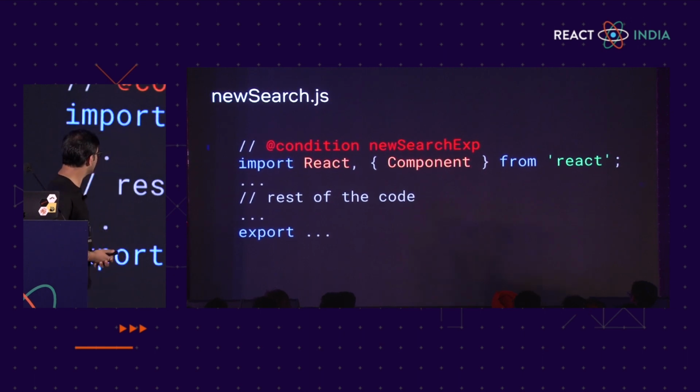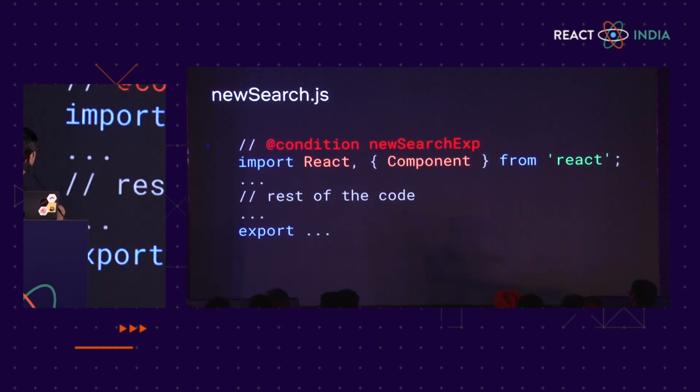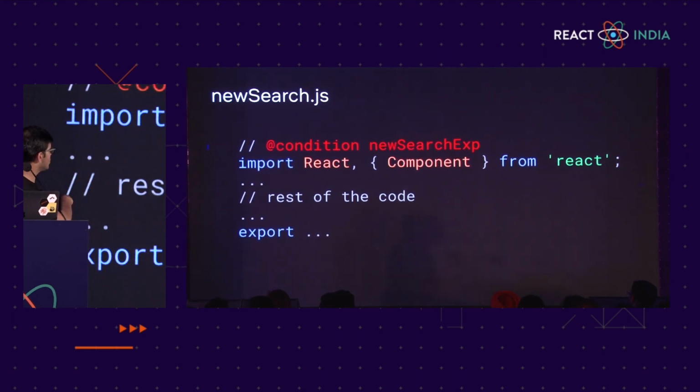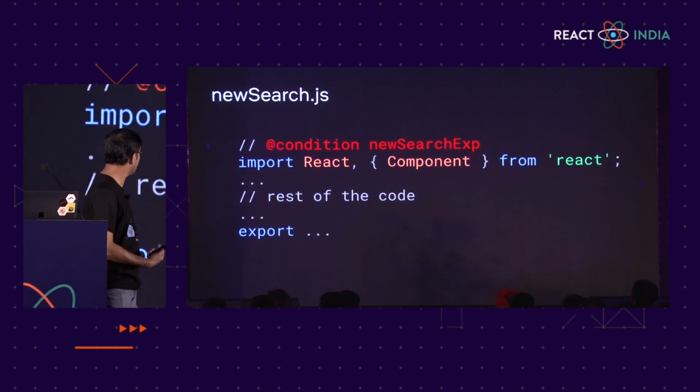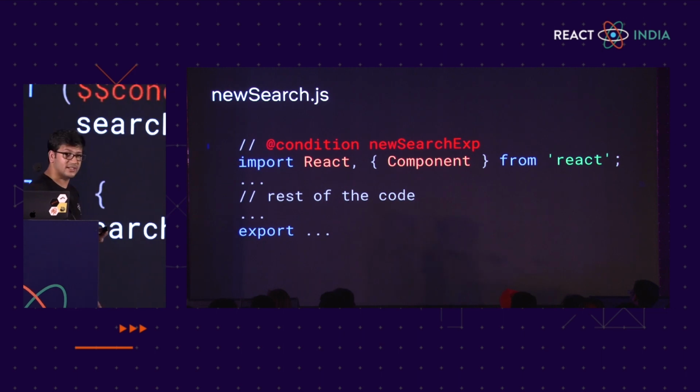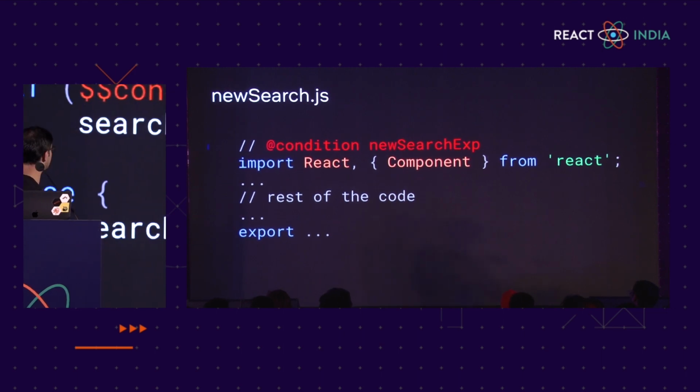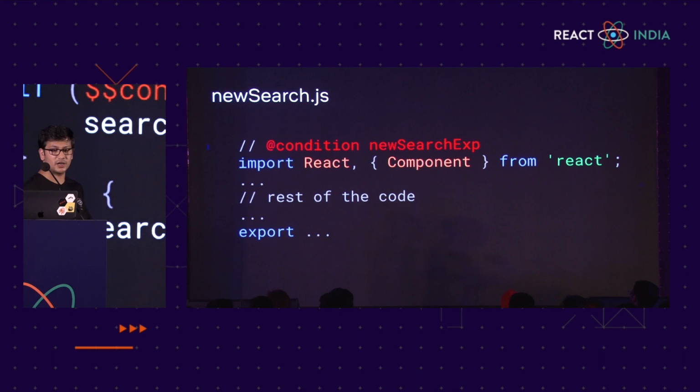So the first syntax was @condition followed by whatever your Boolean name is. What this means here is that the new search file is announcing, hey, on-demand bundler, anytime new search experience is true, that's the only time you can include me. So the file itself is announcing that fact. That's the first syntax. And the second syntax is this funny looking $conditions.newSearchExperience.